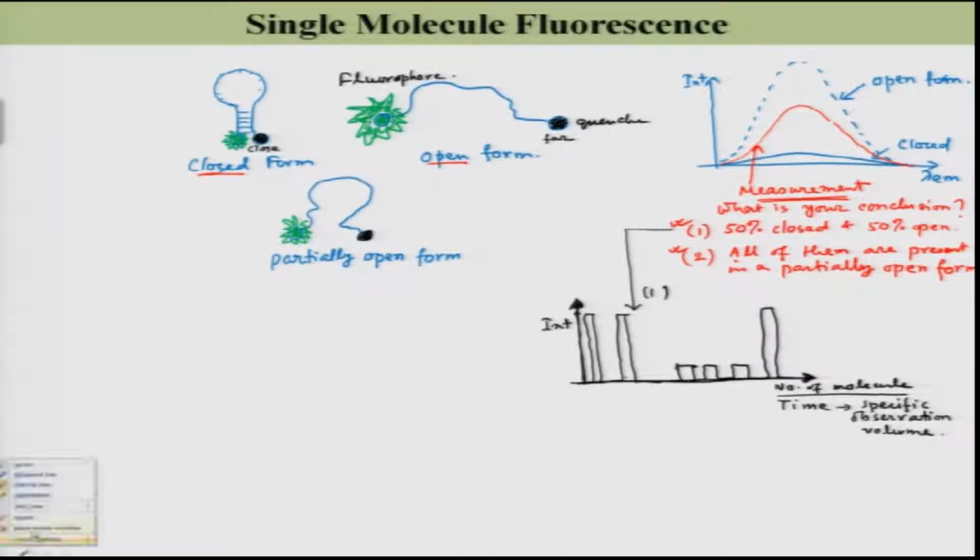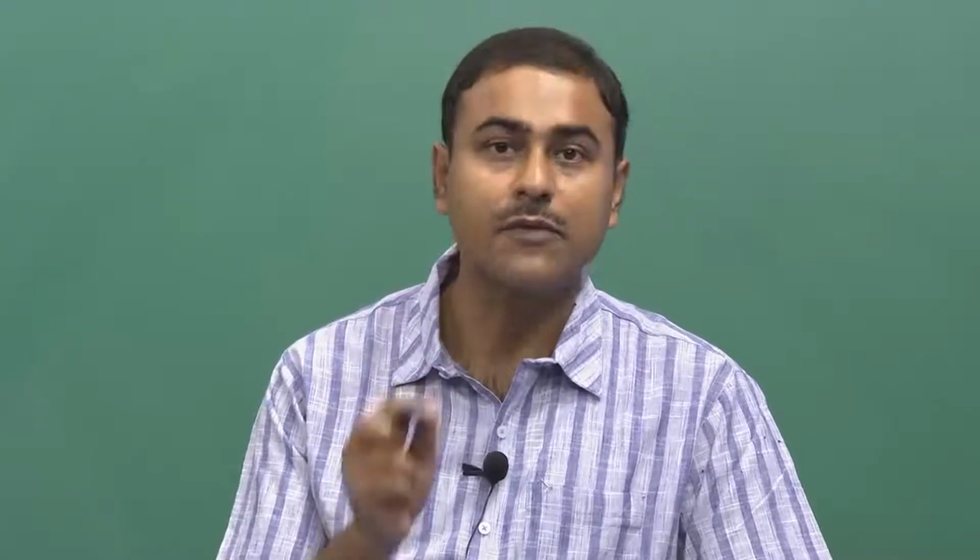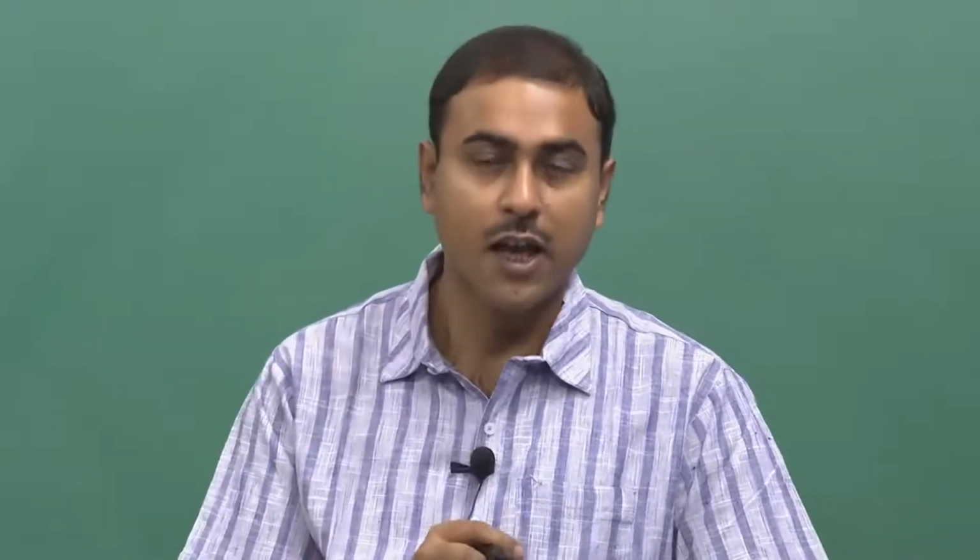However, in case 2, whenever a molecule enters this observation volume, the fluorescence intensity we get will be fixed. It will not depend on which molecule is entering, because all of them are partially open. It is not like some are fully open and some are fully closed.